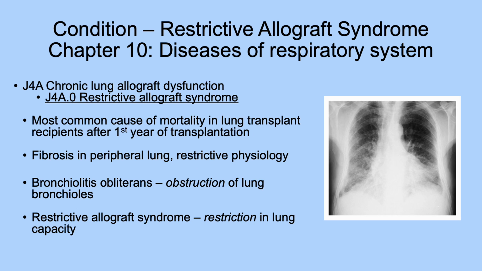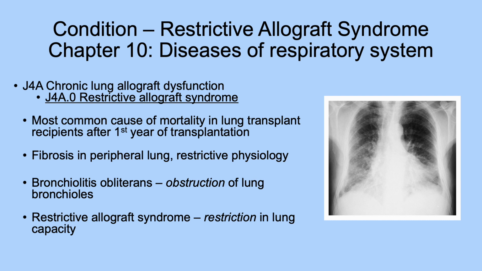Another new code under J44.A, J44.A0, restrictive allograft syndrome. This is the most common cause of mortality in lung transplant recipients after the first year of the transplantation. So what happens is fibrosis forms in the peripheral lung, and that's indicated in this picture by the white part.